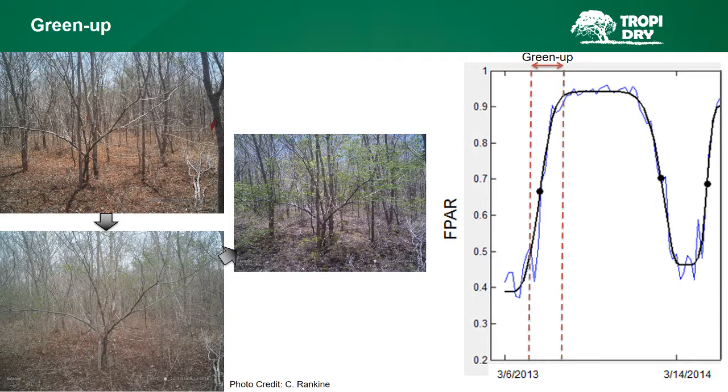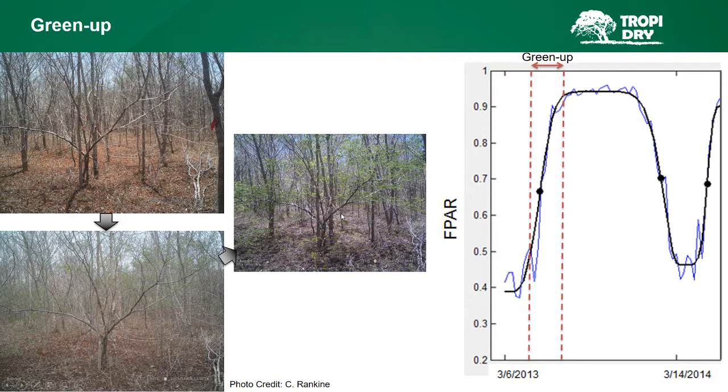Usually, what triggers green up is soil moisture content. Once soil moisture starts to get up towards 15-20% soil moisture content, then the trees know that the wet season is about to start. So they start growing their leaves again.